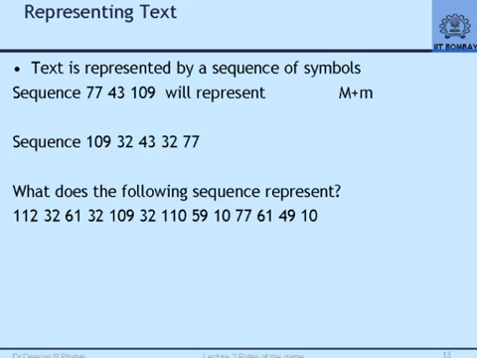What is this sequence? 109, 32, 43, 32, 77. Well, 109 is small m. 32 is blank space, so there is nothing here, blank space. Then 43 is plus. Then there is another blank space, and 77 happens to be capital M.